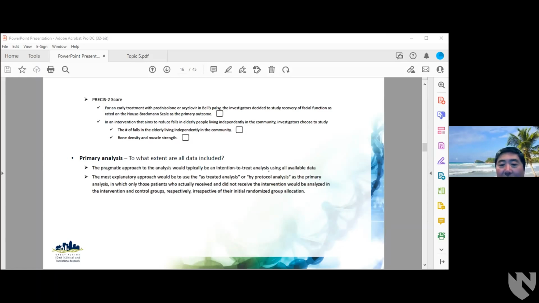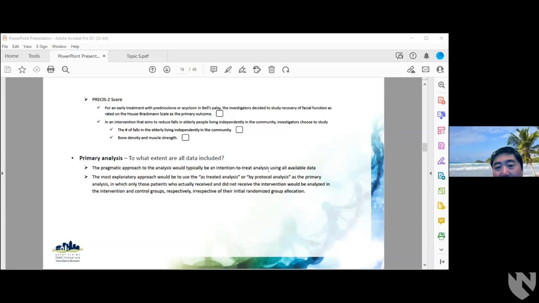It doesn't matter whether these people randomized to the treatment truly received the treatment or not. The sample may be contaminated. You kind of swap. People assigned to the placebo may get the treatment elsewhere, or somehow it goes the other way around.